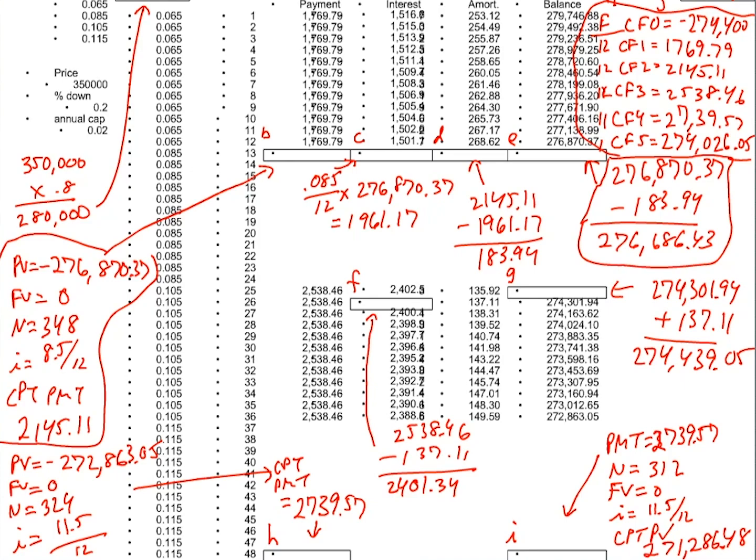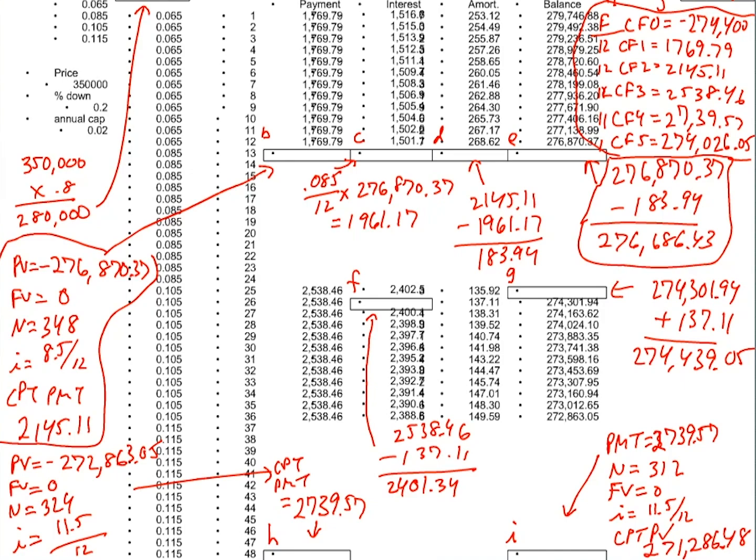Future value 0. We now only have 324 months left, because we had 360, but at that point we would have had 36 months go by. And the interest rate in that final year is 11.5%. So we divide that by 12, we compute the payment, and we get $2,739.57.